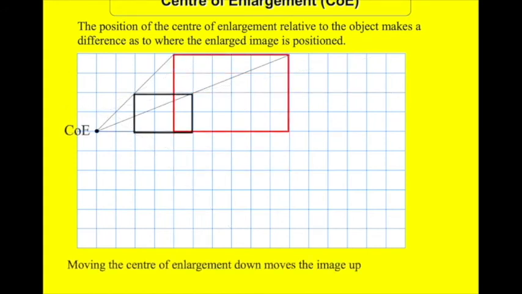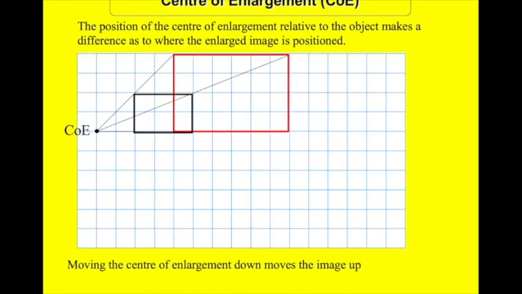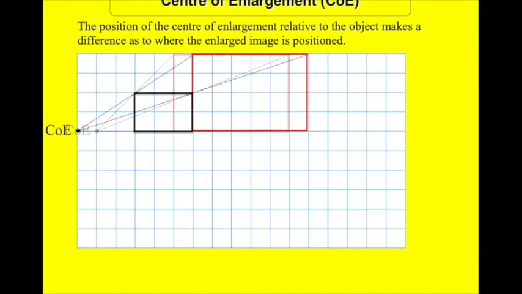Okay, so moving the center of enlargement down moves the image up. See what happened here. Currently the center of enlargement is here, and I bring it backward.